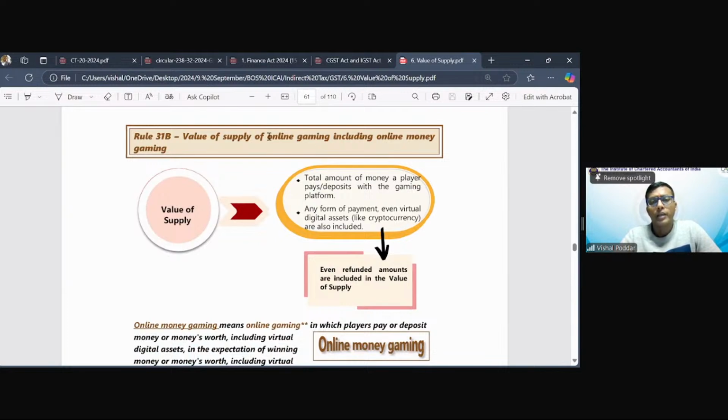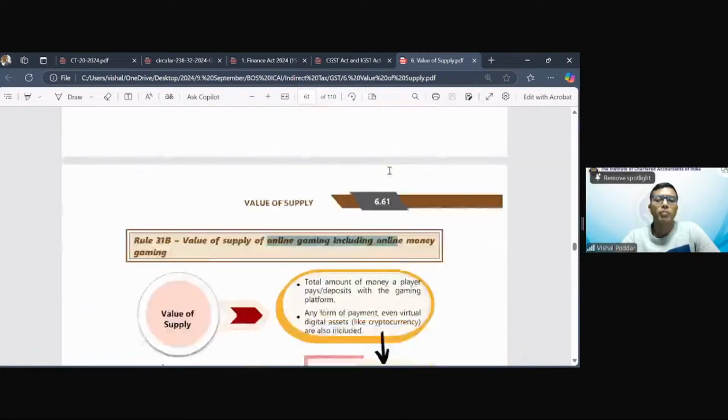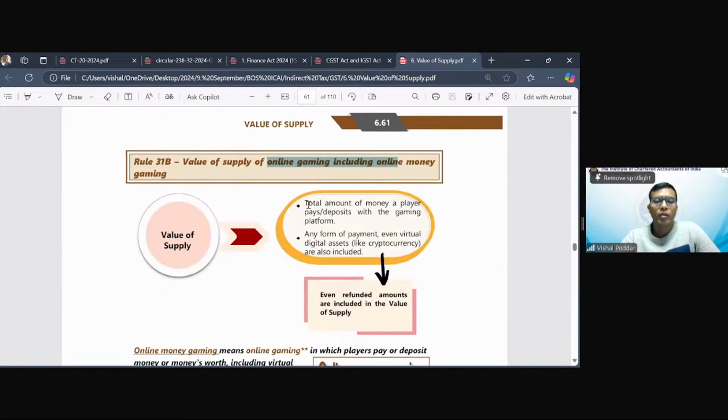Next comes the field of online gaming, which includes online money gaming. Now, when you come to online gaming, the value is the same. It is 100% of the face value of the bet. So what is the value of supply?